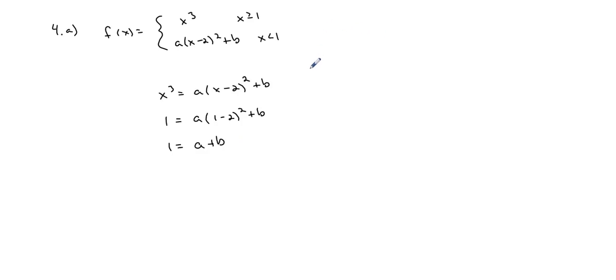So, the derivative from the left: limit as x goes to 1 from the left of f of x, and then we're using the alternative form because we have a c value, right? f of x would be a times (x minus 2) squared plus b, minus f of 1. f of 1 would be a times (1 minus 2) squared plus b.